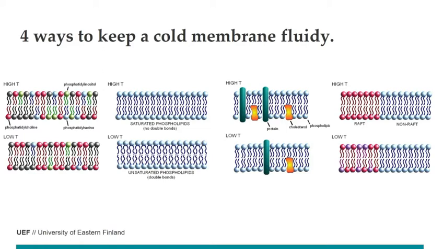We have different areas. We have rafts which have typical phospholipids, and then non-rafts where some other phospholipids exist. And we can change the phospholipids in the raft area or in the non-raft area. That makes it a little bit messy. But saturation and the number of double bonds is the most studied area.